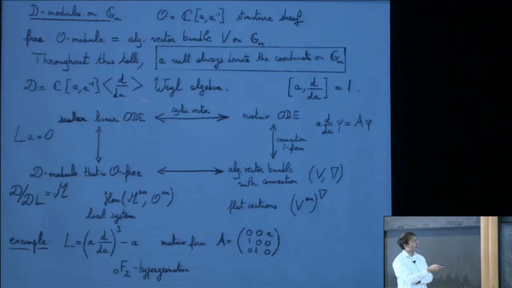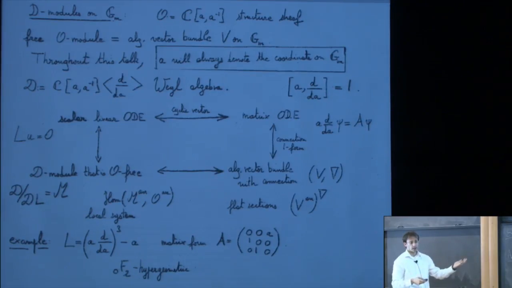So we've seen the scalar ODEs and matrix ODEs, and in fact the matrix ODE is the same as a vector bundle with a connection. It's also the same as a D module which is O-coherent, because the O-module is a vector bundle, and the D-module structure exactly gives you a connection.